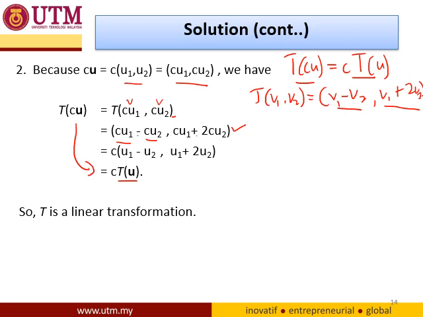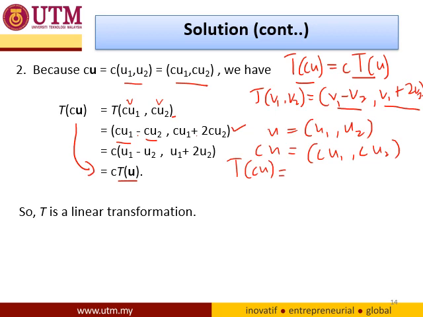Alright, you know that you have your u equals to (u1, u2), so cu is equal to (cu1, cu2), and then you transform your cu, you will get (cu1 minus cu2, cu1 plus 2cu2). Alright, this is for multiply first and then you transform.